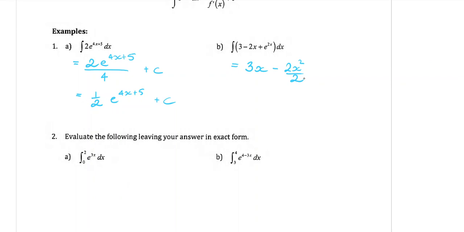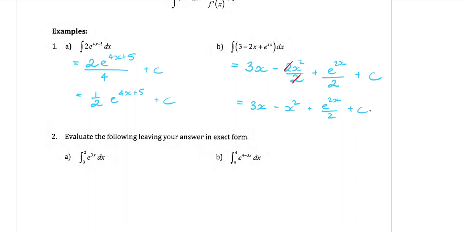And then the exponential one, e to the 2x, all I have to do is divide by the derivative of the power, which is 2, plus c. So these 2's will cancel off, and you can tidy it a little bit. So minus x squared, and then plus e to the 2x over 2, plus c.